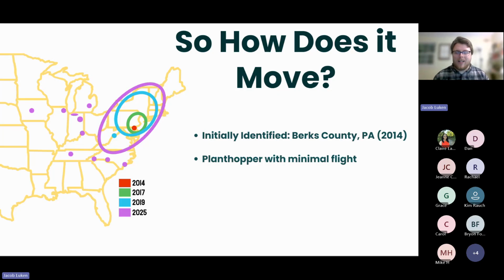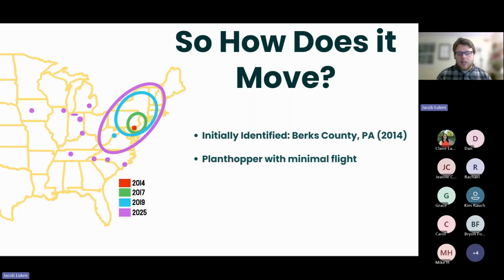It can do short flight stints. It's a very close relative of grasshoppers. So if you think of how a grasshopper moves around and the short flight that it has, it's very similar to that. On its own, it really doesn't move very far or very fast. But with inadvertent help from humans, it can expand its range rapidly.